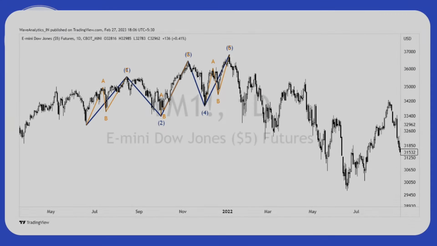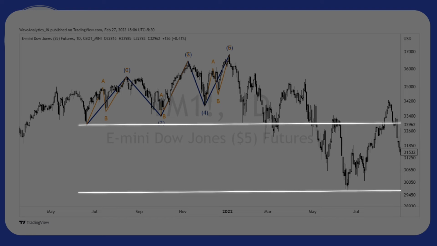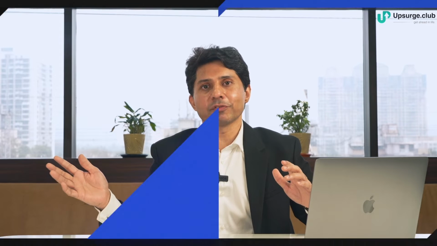So yes, the dramatic reversal did happen, and as you can see, it also went below the starting point of the ending diagonal. So all the criteria were met. Now, these are the guidelines of retracement: that it happens below the starting point and that it happens far lower. These are the guidelines, but the rule is that it retraces almost the entire part of it.